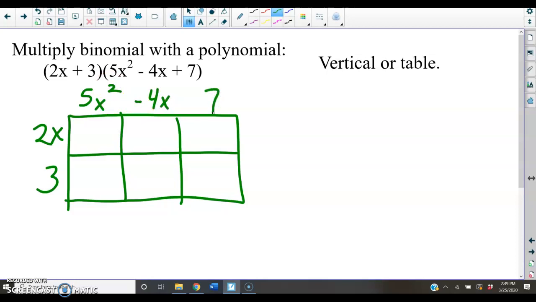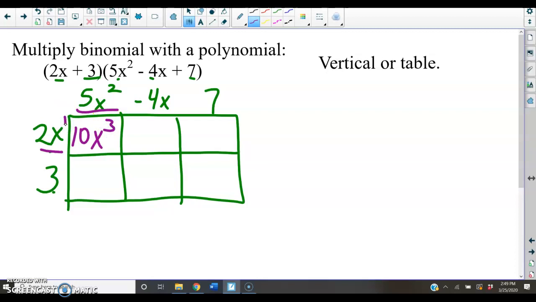So notice how I split my binomial 2x plus 3 into 2 parts, and my trinomial into 3 parts on my board. And now when I multiply, I'm just going to take the 2x times the 5x squared. Remember, when you multiply like bases, you add exponents.